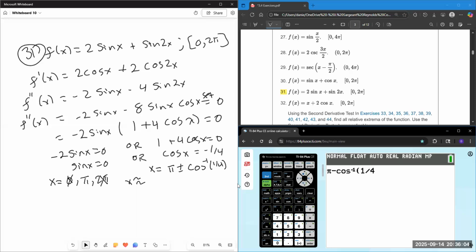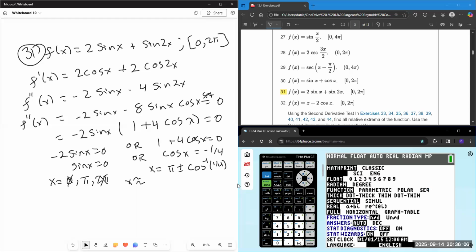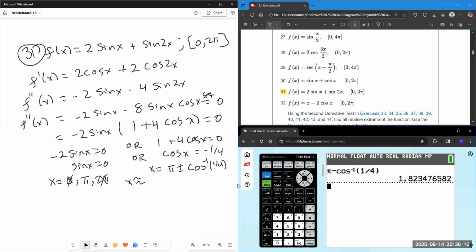Make sure you're in radian mode before you do this, and I am. To 3 decimal places, this is 1.823. x is approximately going to change this to a plus now, 4.460 when I round.